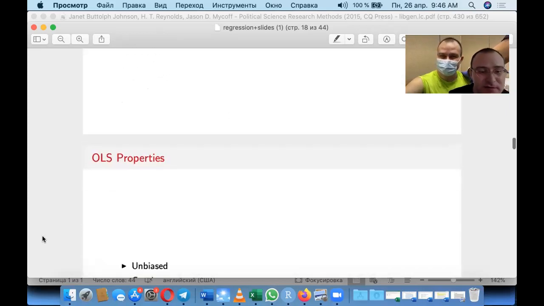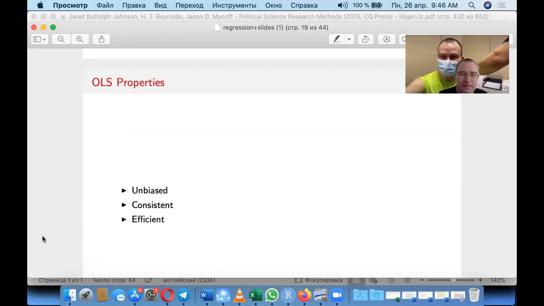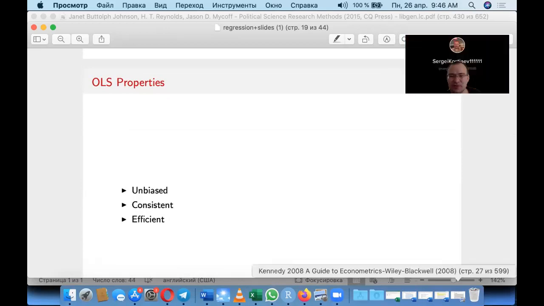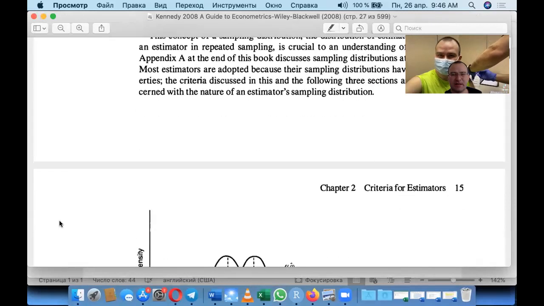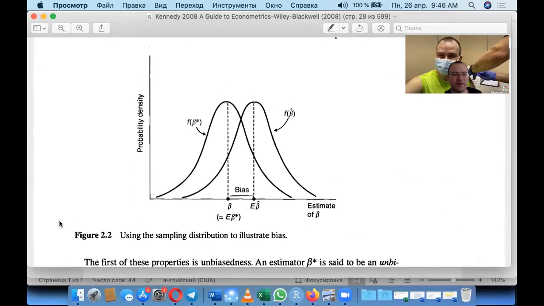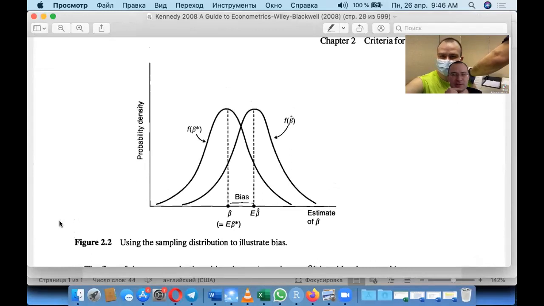Okay, let's see the next one. Next one is properties of linear regression. Let me try to show you this thing. First one is unbiasedness. This is from Kennedy's textbook on econometrics, and it has a very good graphic explanation of this stuff.